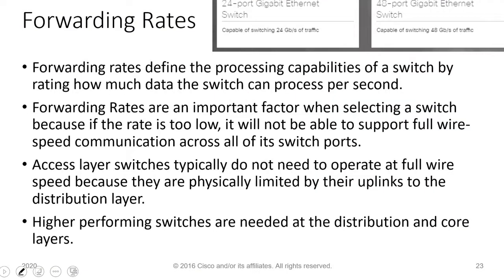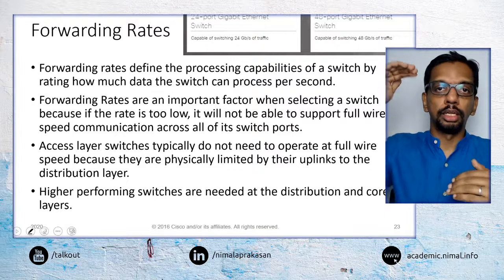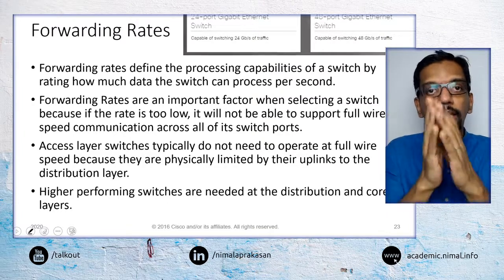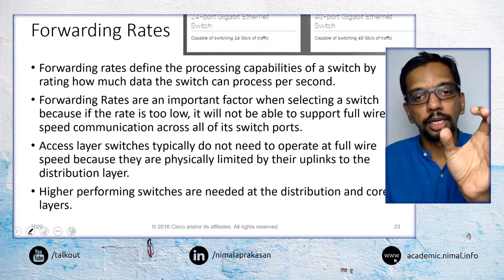One of the key things that we have to pay attention to is the forwarding rates of these switches. Particularly in the hierarchical design model, at the distribution layer and core layer, when we go up, we are aggregating the things that are interconnecting.